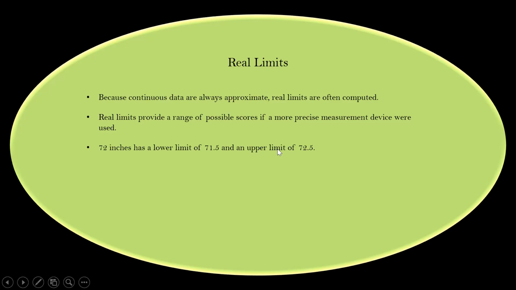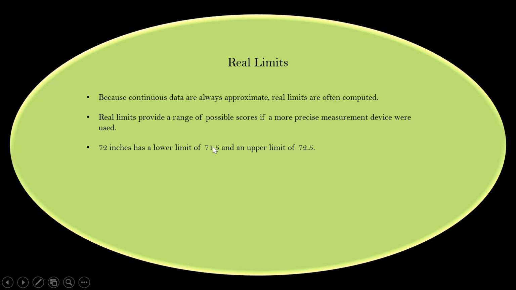Right? So if I tell you I was measured to be 72 inches tall, I can't correctly tell you that I'm 72 inches tall exactly, because you could get more precise. If you had a better measuring device, perhaps I'm somewhere between 71.5, this would be the lower limit, and 72.5, not including 72.5.